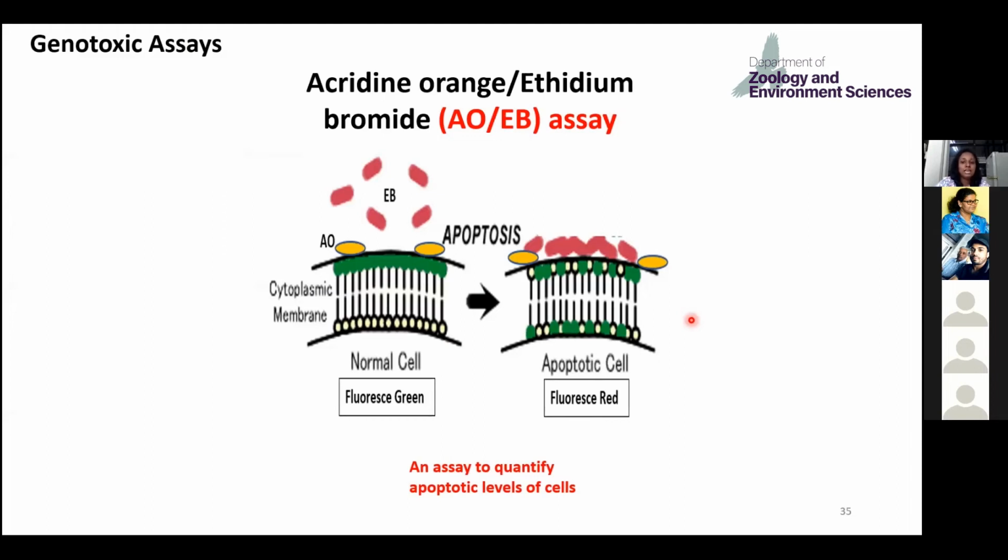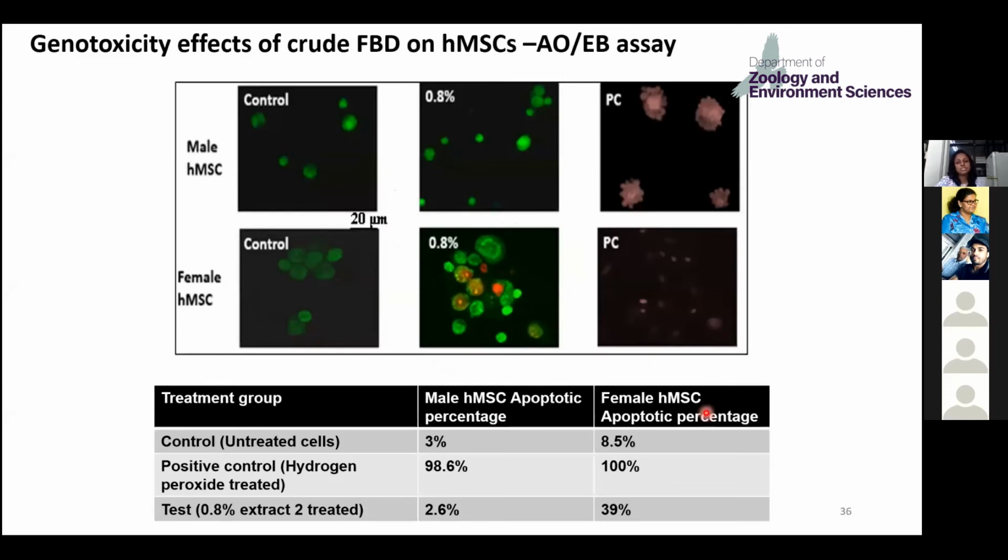So there will be a color difference between an apoptotic cell and a normal cell. A normal cell would look green and an apoptotic cell would look red. So these are the images or the results of that apoptotic study.